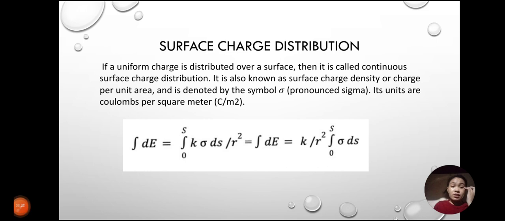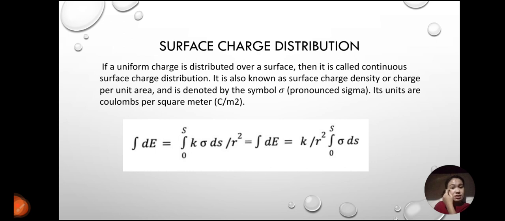So the next one, or the second type, is the surface charge distribution. If a uniform charge is distributed over a surface, then it is called continuous surface charge distribution. It is also known as surface charge density or charge per unit area, and it is denoted by the symbol sigma.